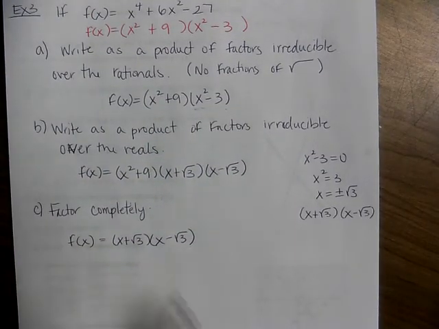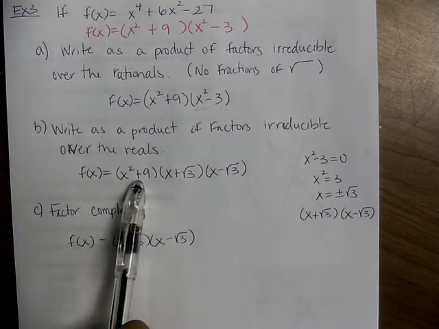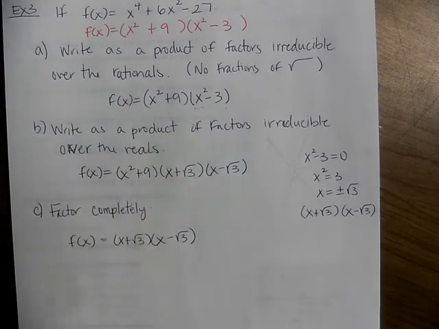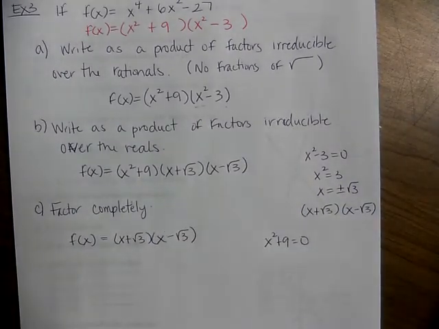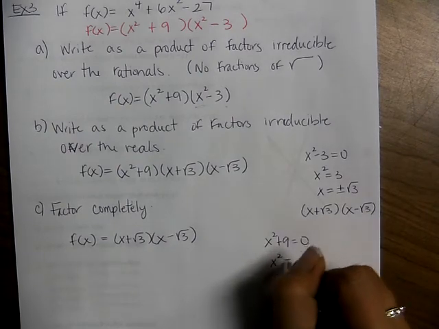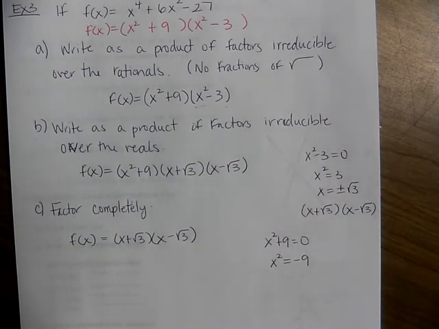What I haven't dealt with is this piece, this x squared plus 9. It's a squared term, so I need to get it down to linear. I'm going to do the same thing: take that factor, set it equal to 0 and solve. So now I'd get x squared equals negative 9.